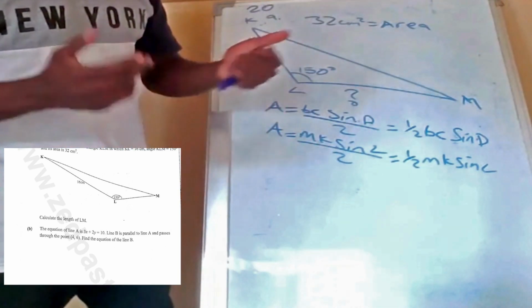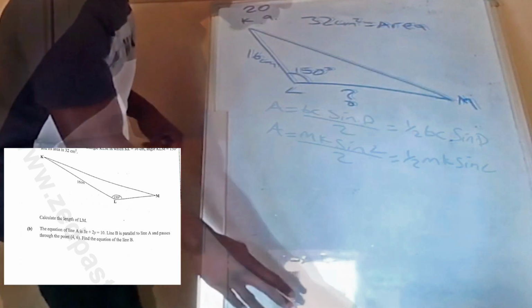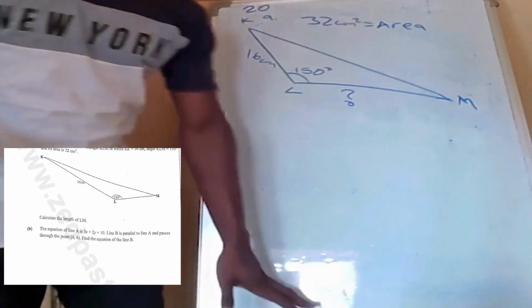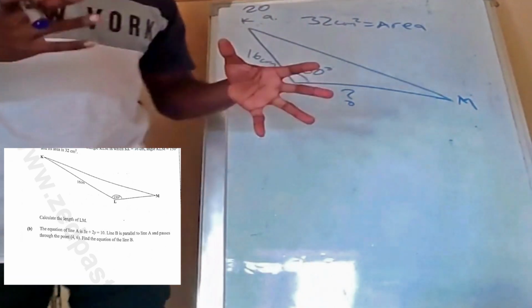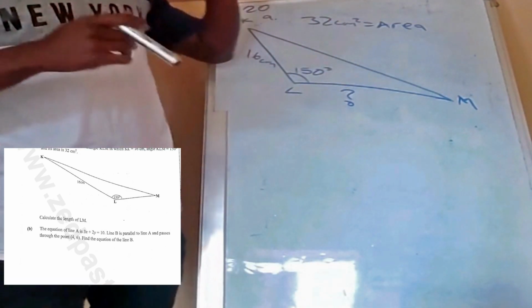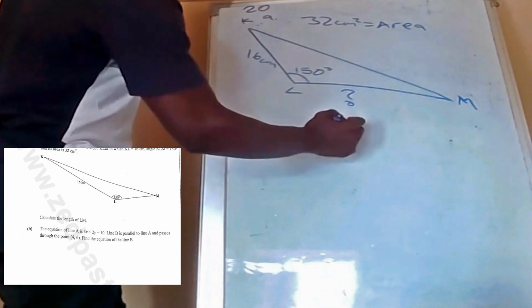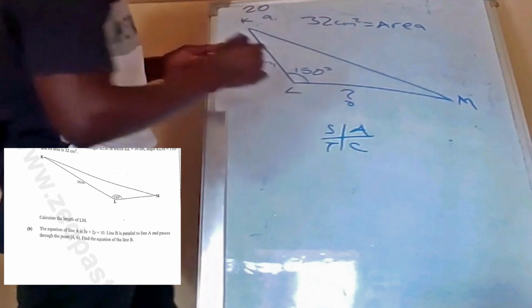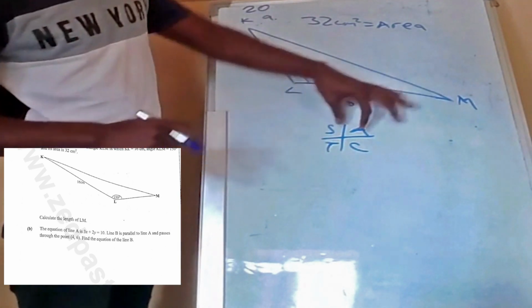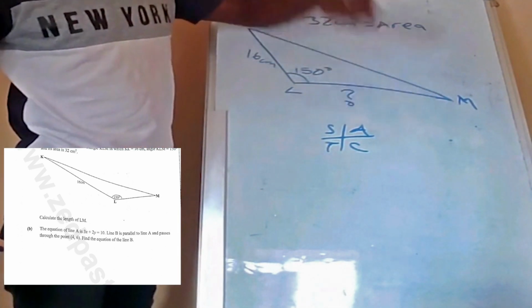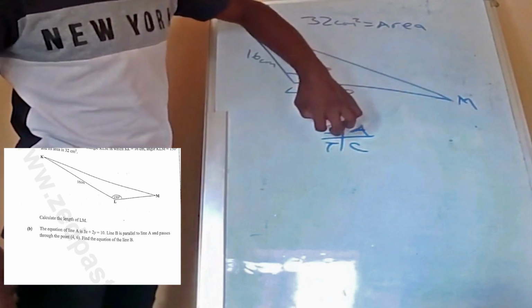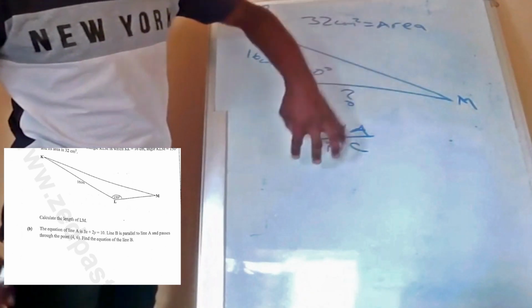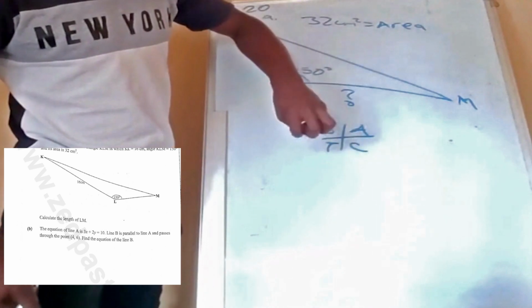What is sine 150? How do you know what sine 150 is? So we need to remember, when you think of quadrants, all angles in the first quadrant are positive. In the second quadrant, only sine is positive. In the third quadrant, tan is positive.